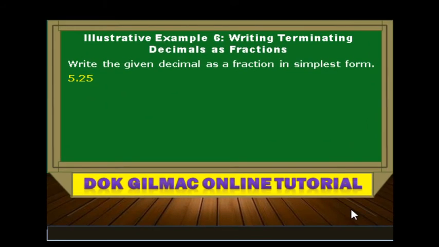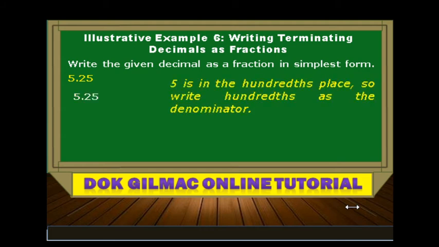Let's have illustrative example number 6. Write the given decimal as a fraction in simplest form, 5.25. 25 is in the hundredths place, so write hundredths as the denominator. So 5.25 is the same as 5 and 25 over 100. 5 and 25 over 100 is the same as 5 and 1/4.